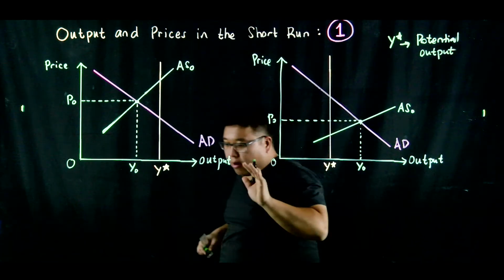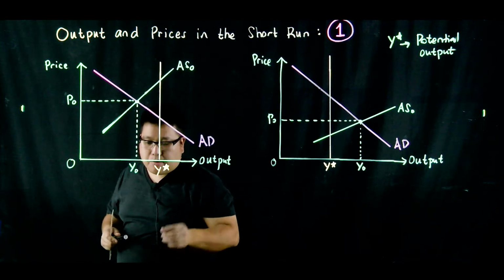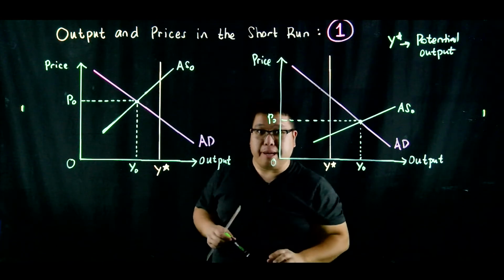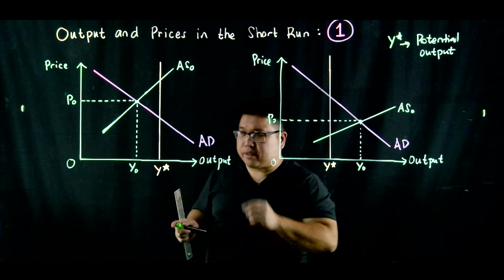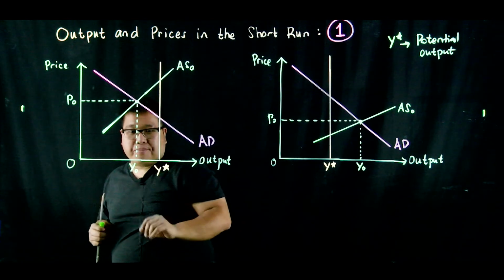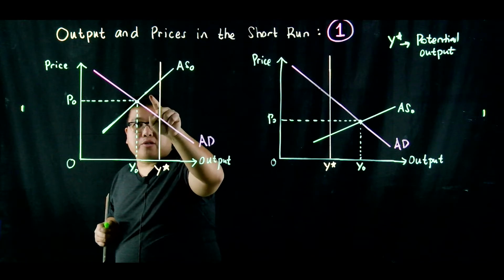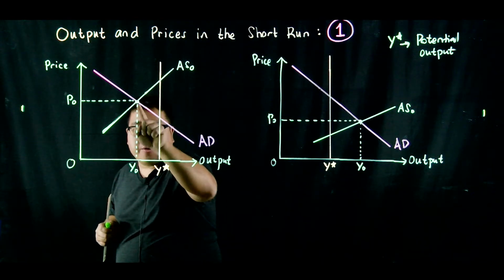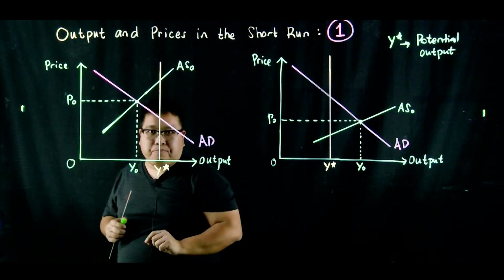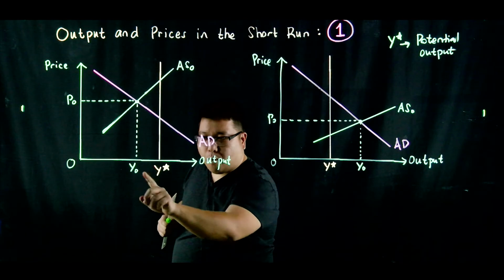This is where our economy should be when productive resources like land, labor, and capital are fully employed. So that's where Y star is. Now, note here in this graph, in this panel, that we have the intersection of aggregate demand and aggregate supply right here, and we have our equilibrium output Y0. Note that Y0 is to the left of Y star.